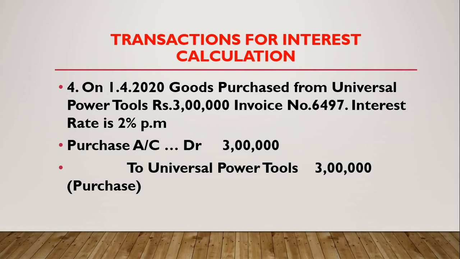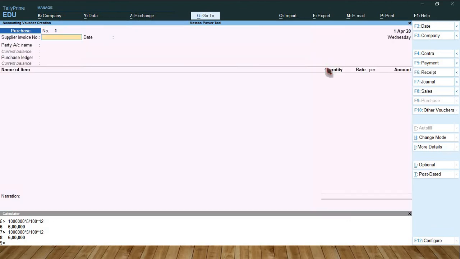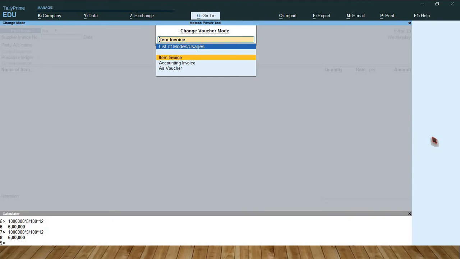On 1/4/2020, goods purchased from Universal Power Tools rupees 3 lakh, invoice number 6497. Select purchase voucher by pressing F9 button. So here this is invoice mode. So you have to change into voucher mode. So for that, click on change mode. Select as voucher.